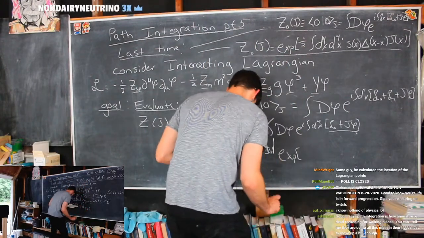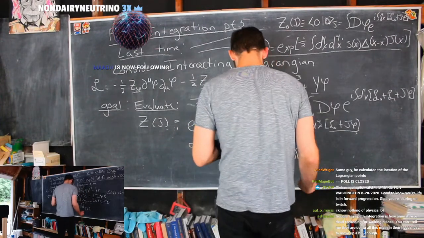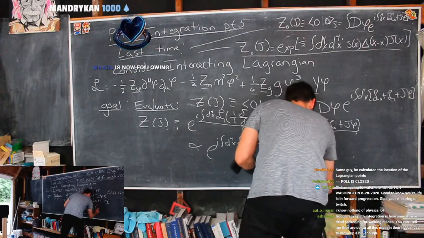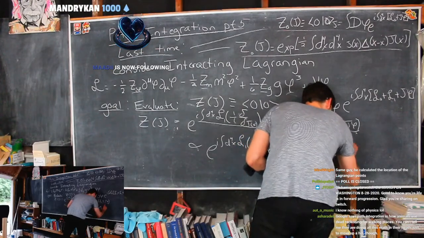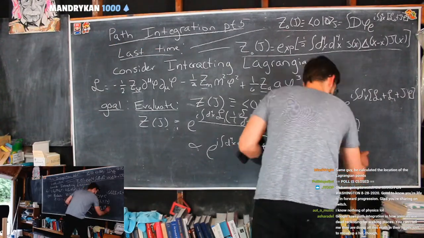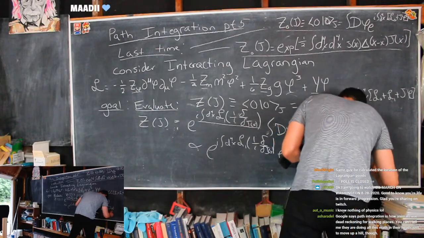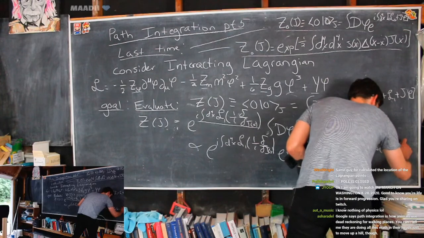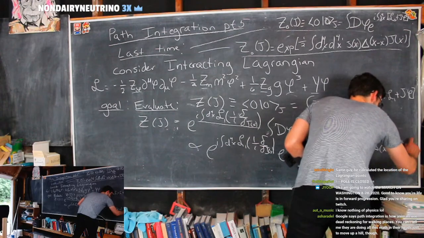So it's two types of e's. I'm writing the exponential of i over 2 integral of d4x prime, j of x, delta of x minus x prime, and j of x prime.